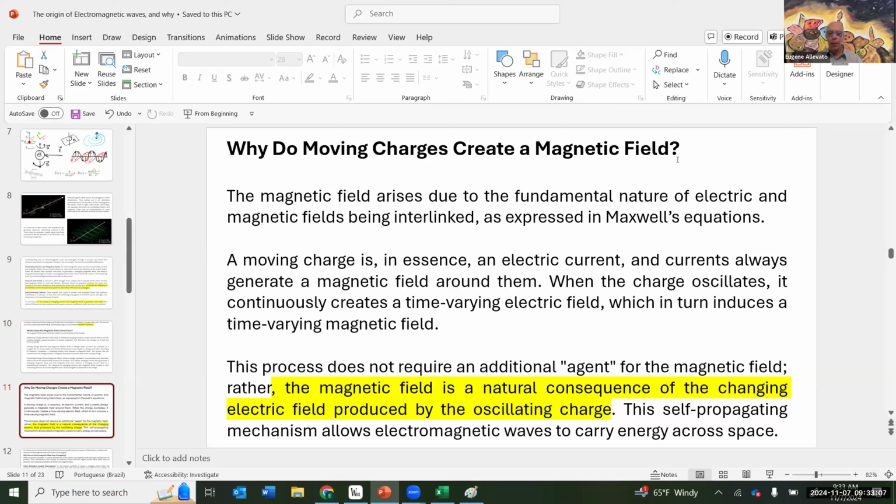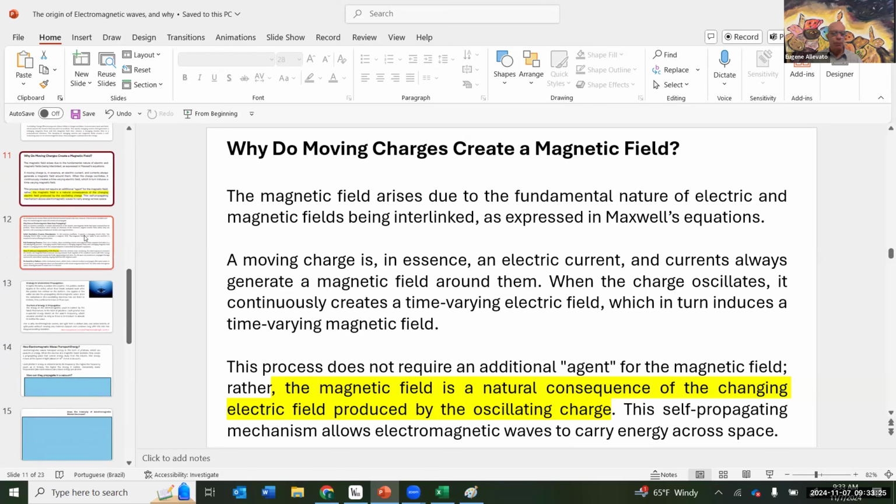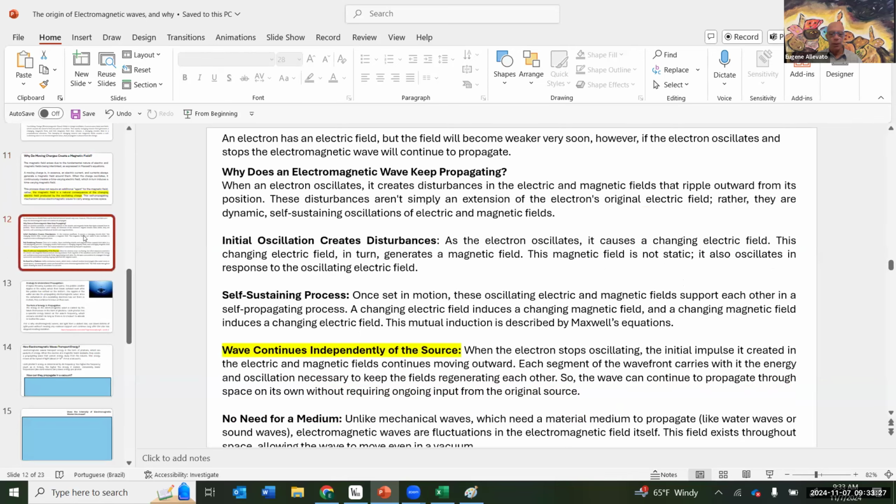Why does a moving charge create a magnetic field? This is a natural consequence of a changing electric field producing the magnetic field. So I'm repeating this over and over so you understand this interdependency between both, and that is what creates the electromagnetic wave.